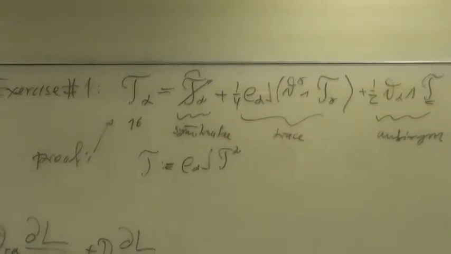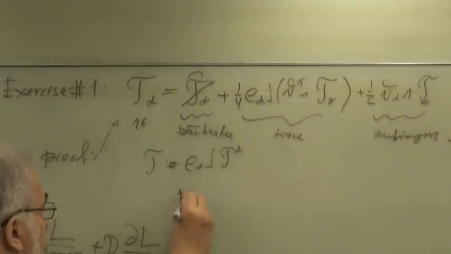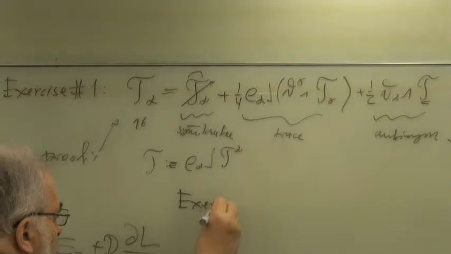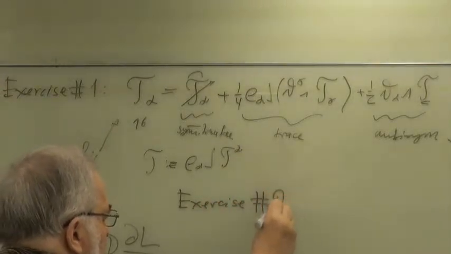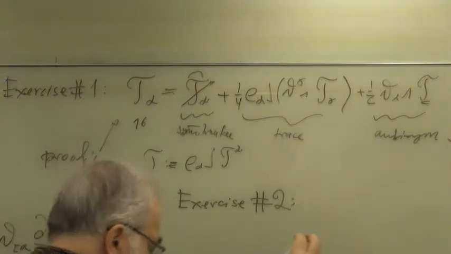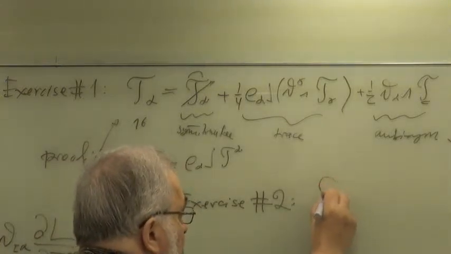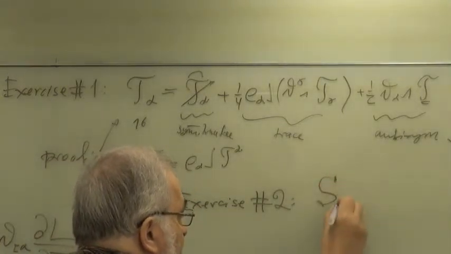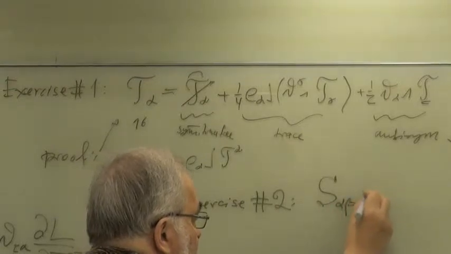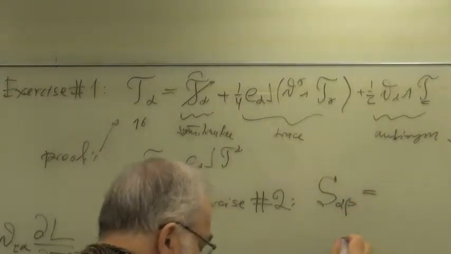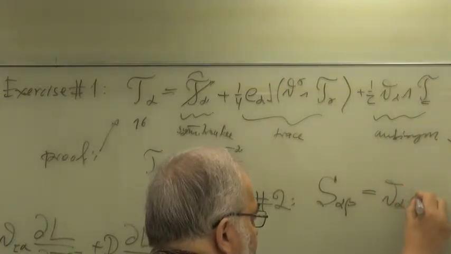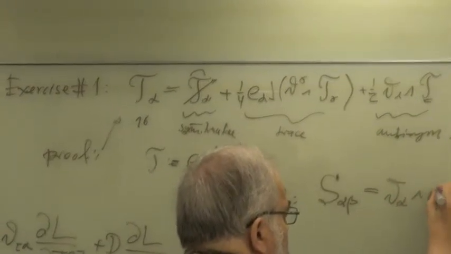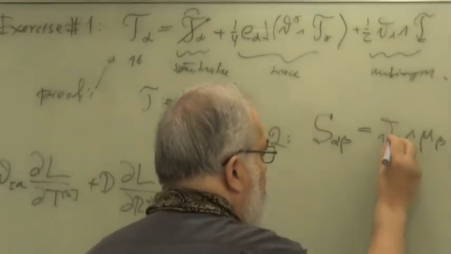And then comes my exercise 2. Which is also manageable, that the canonical energy momentum, the canonical spin S alpha beta can always be presented as an exterior product theta alpha wedge a 2 form mu beta anti-symmetric.